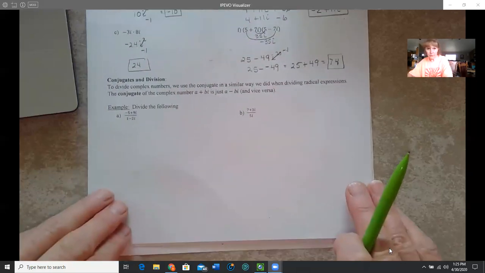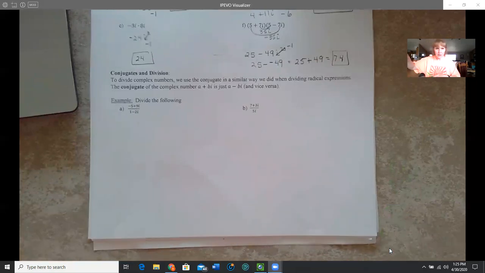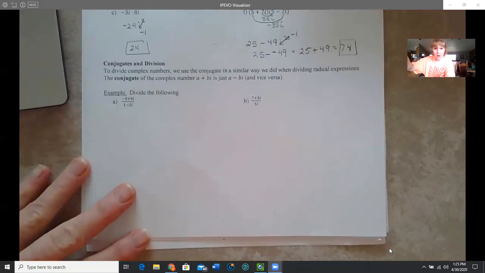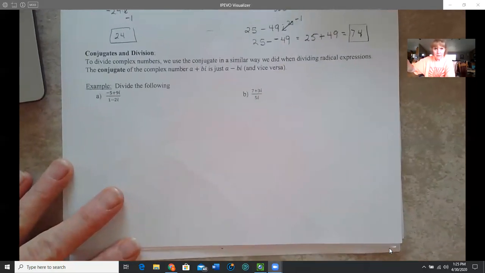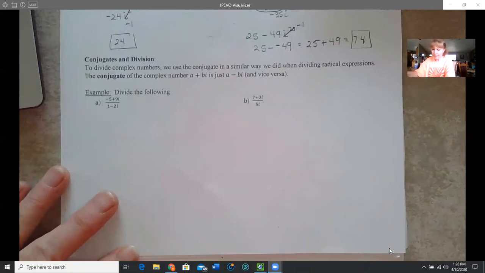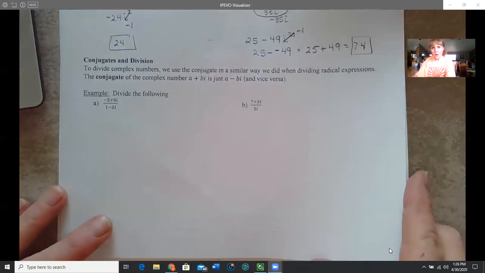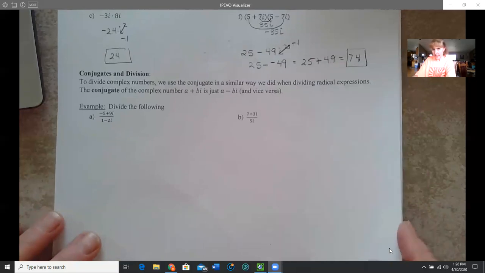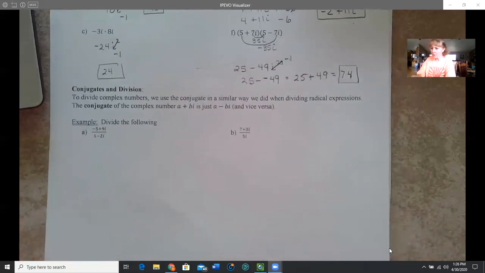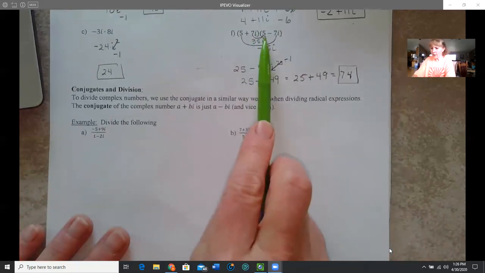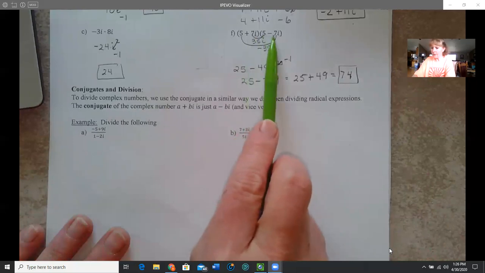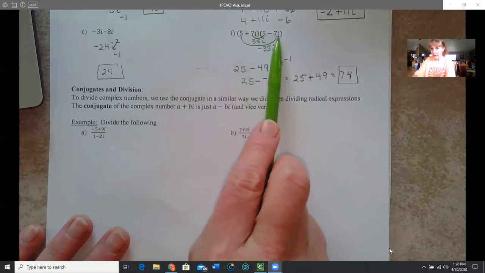See what we've got here with division. That seems very small, so I'm going to try to make this so we can see it a little bit better. We know from the last one that when you multiply conjugates, just like if that last term had been a radical, the radicals disappear.